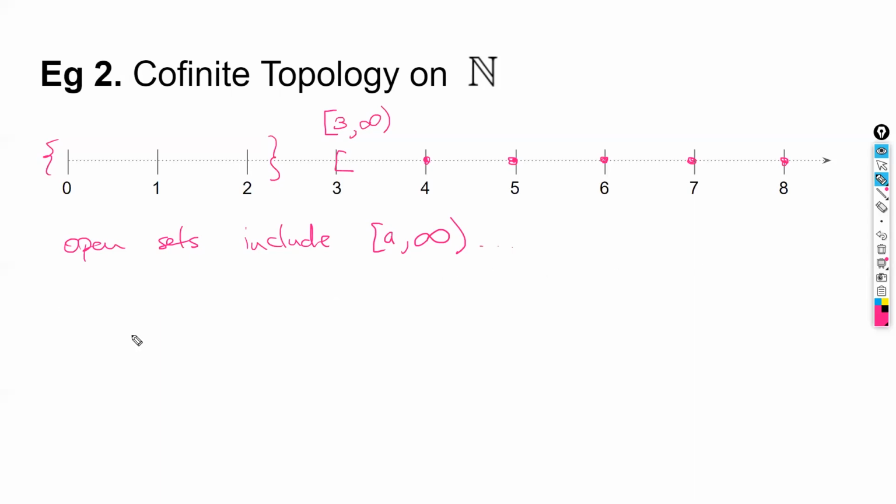But you could also have sets like this. So I could also throw this set into my open set. So this would be the set 1 union and then the right-handed interval, the upper set. So the complement of this is the set 0 and 2, which is a finite set. So this is an open set in this topology.